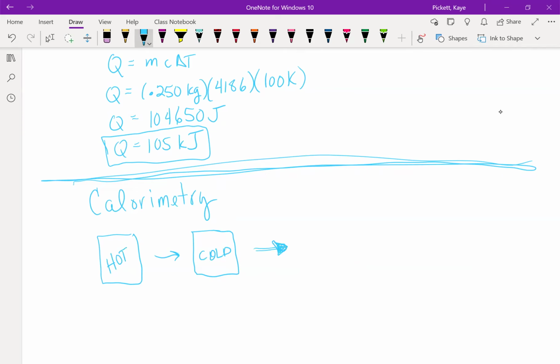So what we're going to do is, when this is over, they both have the same temperature. So we're reaching equilibrium.